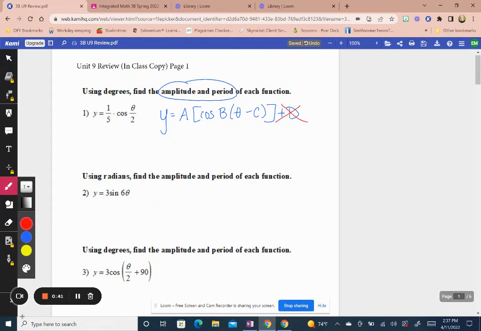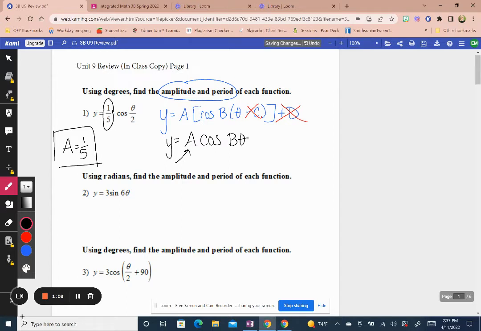We're not subtracting or adding anything to the theta, it'd be kind of like in this area right here. So I automatically know there's no c. So I could rewrite this as y equals a cosine of b theta. A is the number in front, so a is 1 over 5. Done.